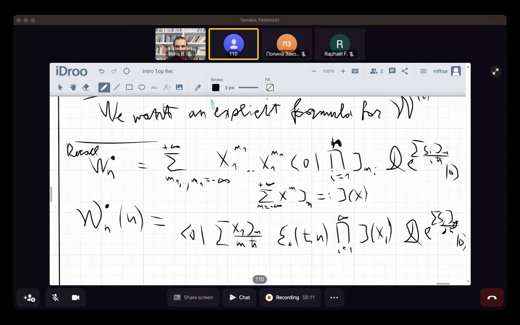So what is the difference between this curly W and the ordinary W? The difference basically is in the fact that we inserted here the operator E_0.